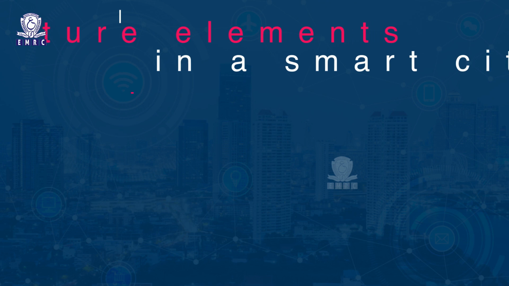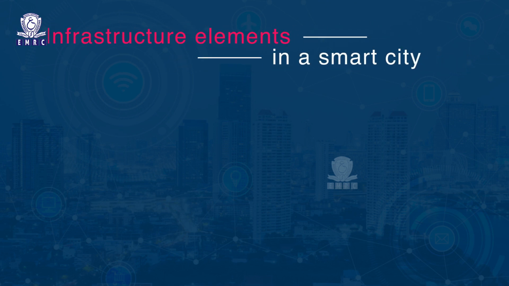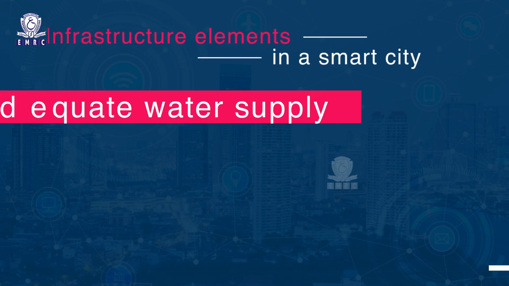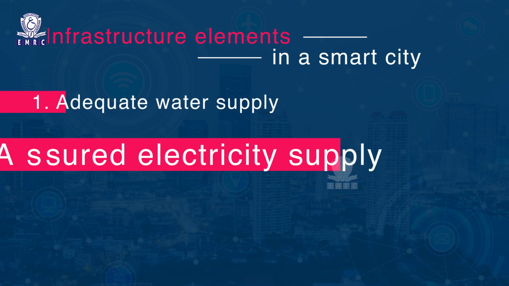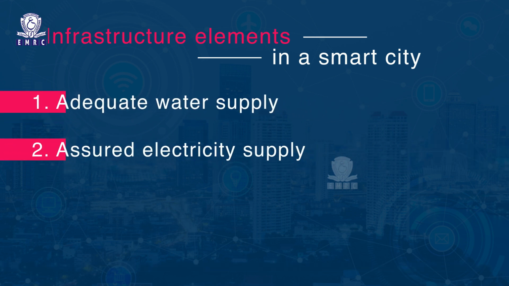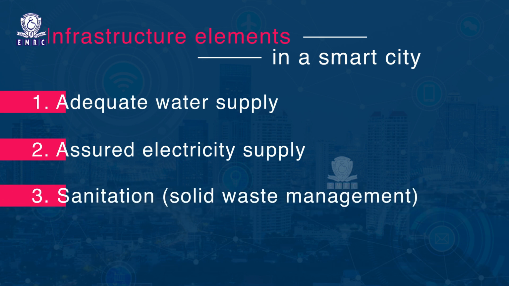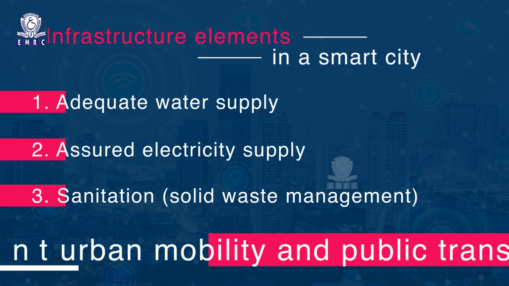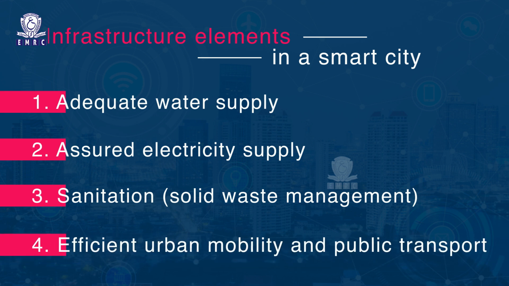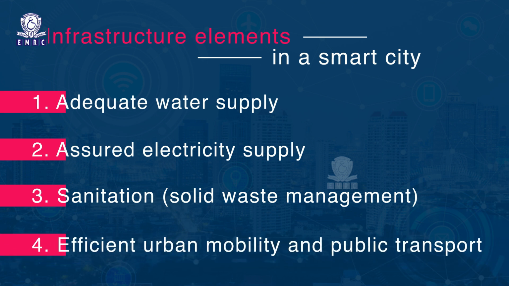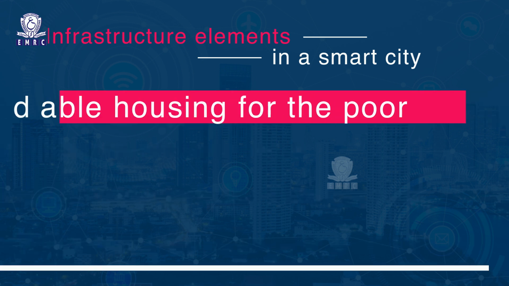The infrastructure elements in a smart city would include: 1. Adequate water supply, 2. Assured electricity supply, 3. Sanitation including solid waste management, 4. Efficient urban mobility and public transport, 5.